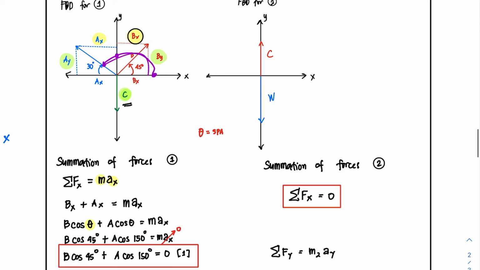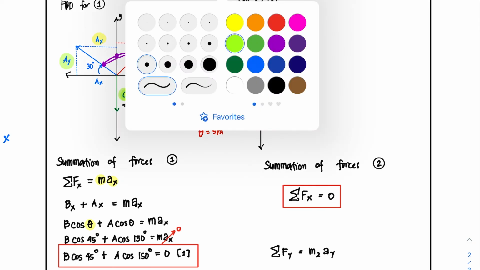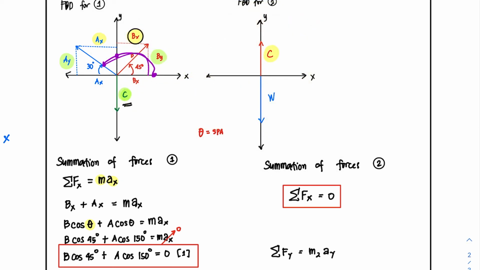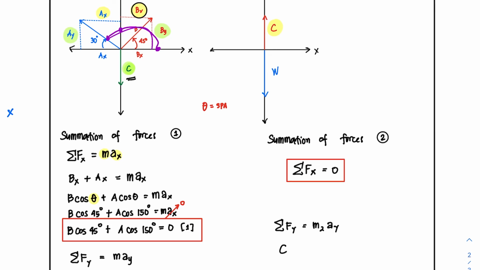First, we have C, right? C is directed upward, so that should bear a positive sign. And then the other force is your weight. Since it's directed downward, minus W is equal to M2 a sub Y.